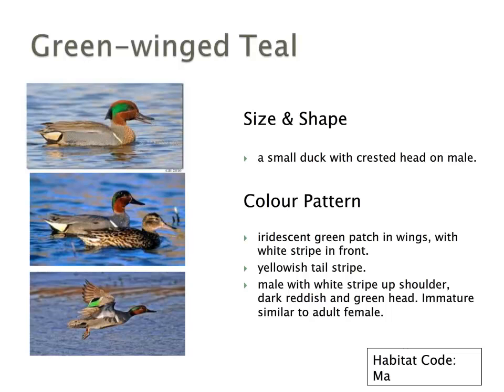So some nice speckling patterning. The immature of this species, both males and females, are very similar to the female. They have a yellowish tail stripe on the male, which you can see present there as well. In flight, you can really see the iridescent feathers present on the back of the male. So again, those are all characteristics that we would use to identify the green-winged teal.